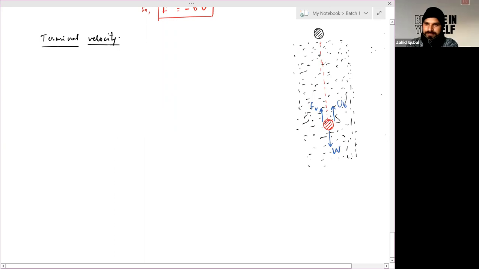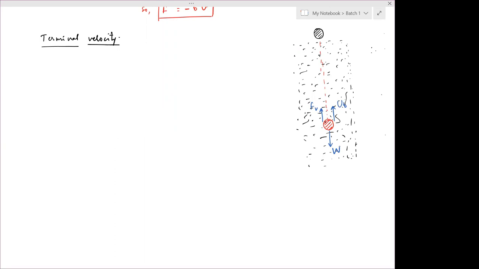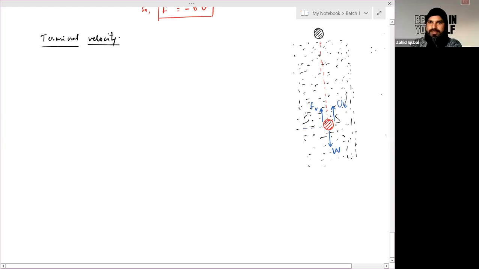Hamza, is it clear? Yes, sir. So if the net force acting on this particular object becomes zero, let's say total upward force and total downward force become equal, will there be any acceleration to this object?